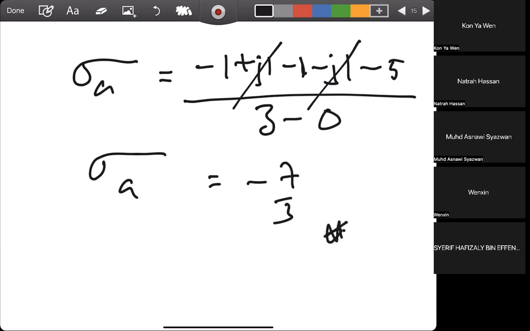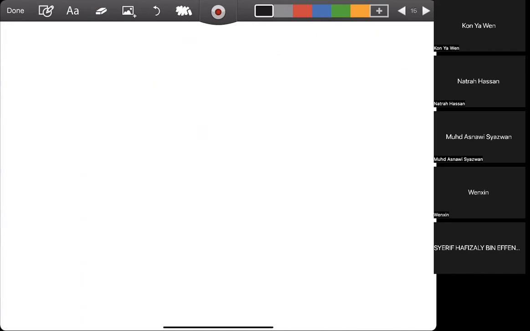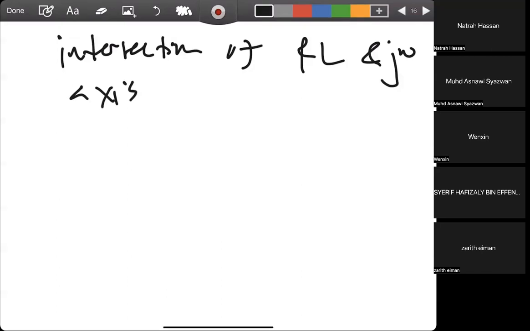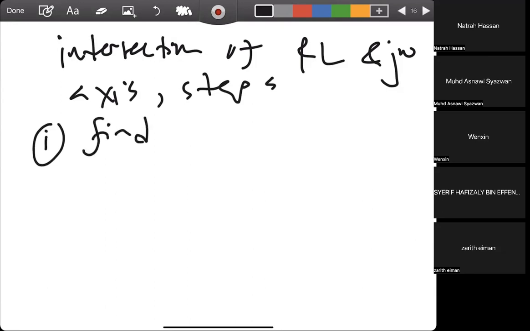So what is the intersection of the RL and the imaginary axis? What are the steps to find this? Find the characteristic equation first.